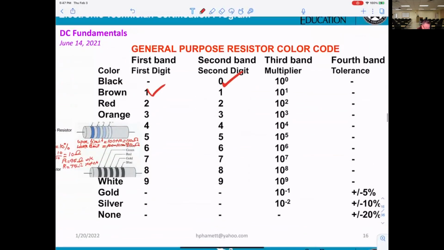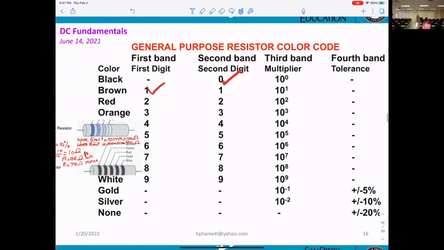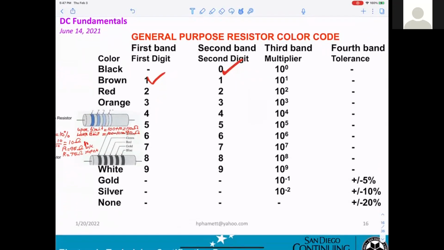Oh man, where did that go? Just click on it and hit the delete button.